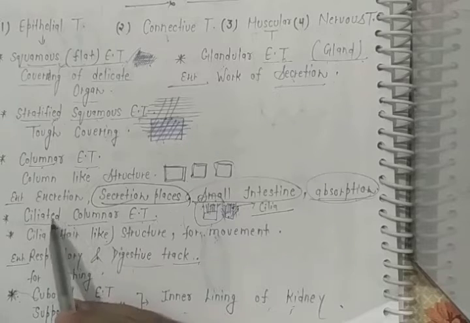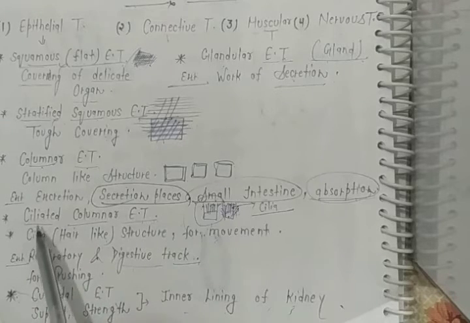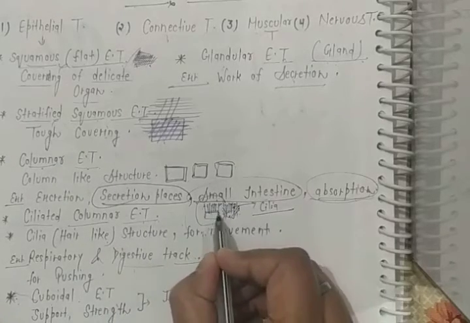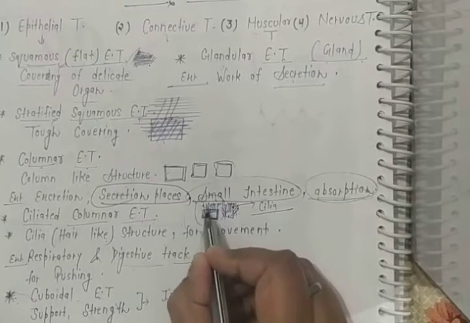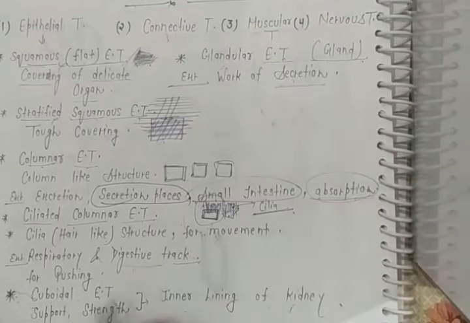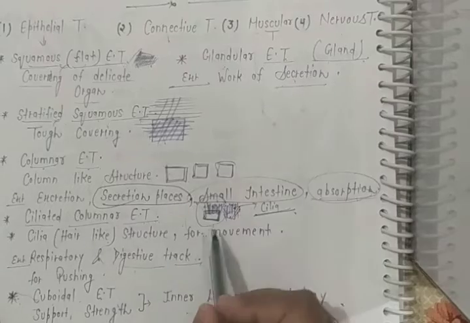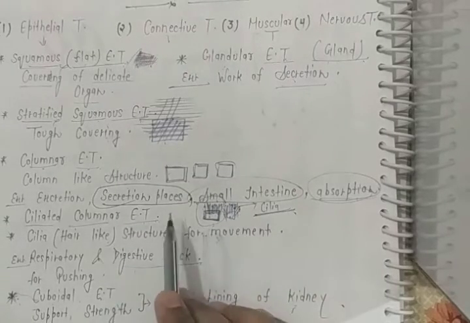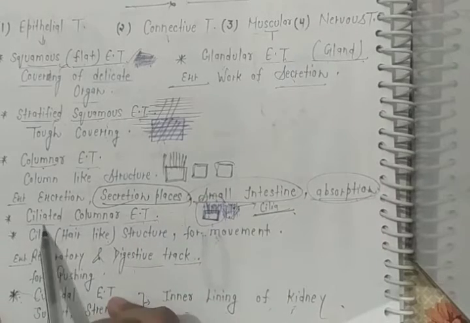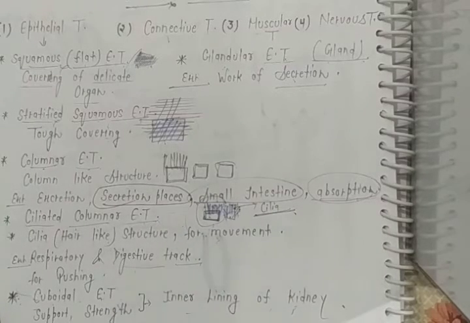Fourth epithelial tissue is known as ciliated columnar epithelial tissue. It means when the outer surface of columnar epithelial tissue contains cilia over it, it is known as ciliated columnar epithelial tissue.